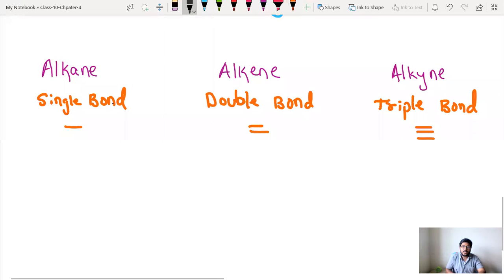And we have formulas: alkane formula CnH2n+2, alkene CnH2n, alkyne CnH2n-2.